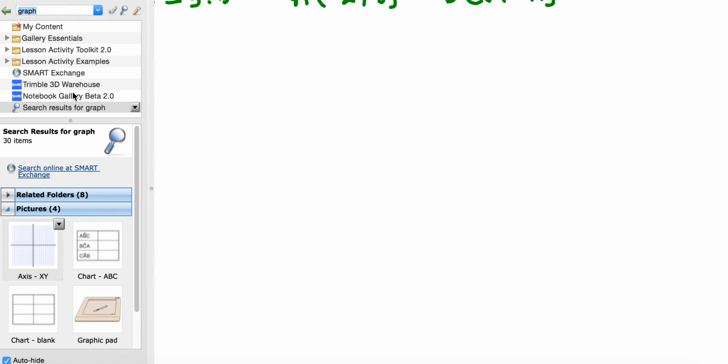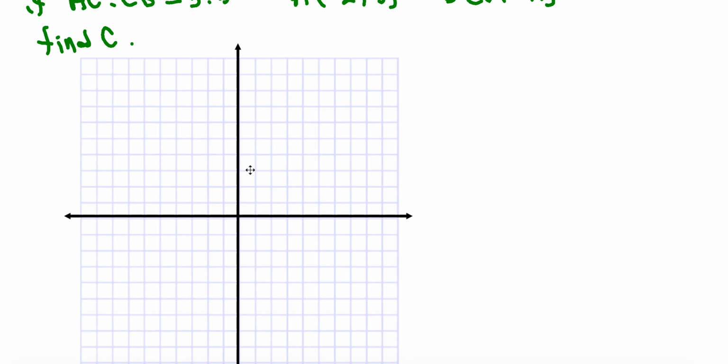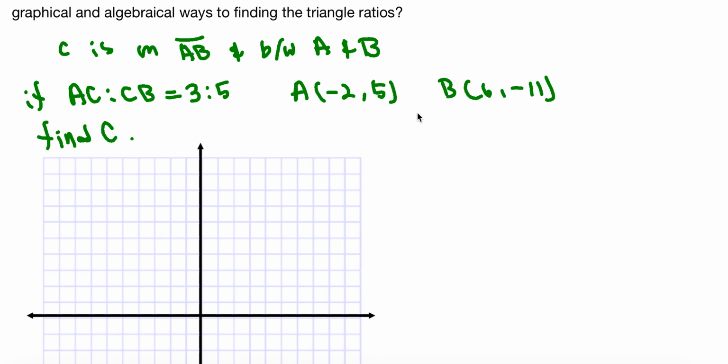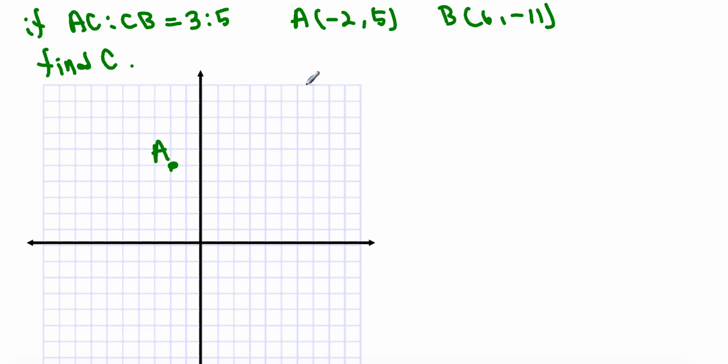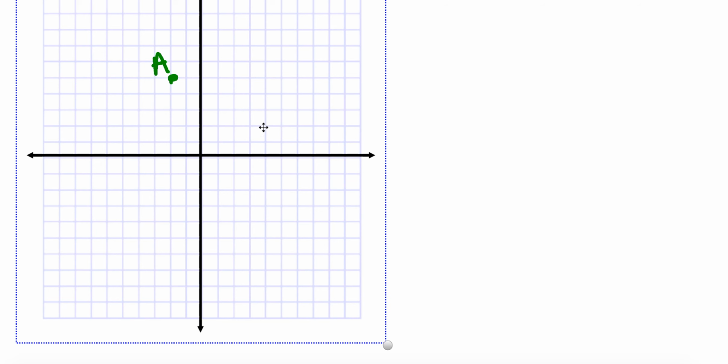So now we're going to plot those 2 points, -2 and 5. That's A. And B was (6, -11). In fact, I believe this one only goes down 2. So why don't I try to redo this one.